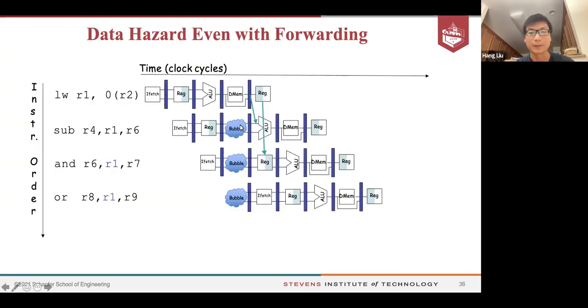This is very interesting. Because there's a bubble here, the second instruction occupies the instruction decoding phase. For example, the ID/EX pipeline register is occupied by this instruction. Then this instruction also has to suffer a bubble, because once you finish instruction fetch, it cannot go to instruction decoding.